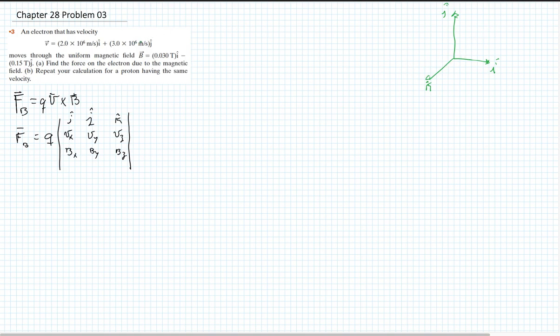So you know that the velocity here has I and J components, and the magnetic field has I and J components. So the only possible directions that we have here will be positive K or negative K. Do you agree with that, guys? If you are in a hurry, you can just see that you only need to be concerned about your K direction.